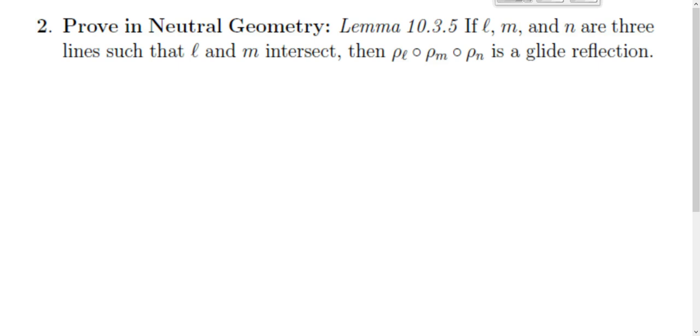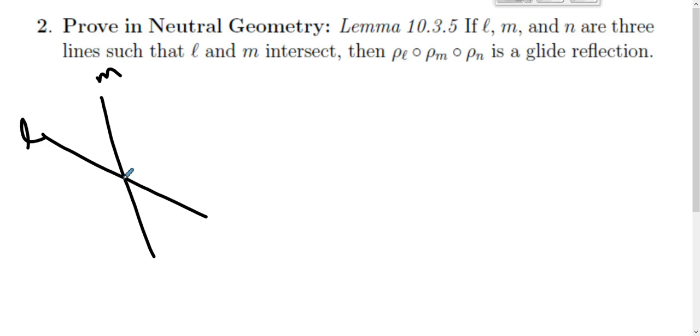So we assume that there's a line L and a line M, and L and M intersect maybe at A. You have this other line N sort of off over here like this. Maybe N is parallel to M, maybe N is parallel to L. It doesn't matter. The key is that L and M intersect.